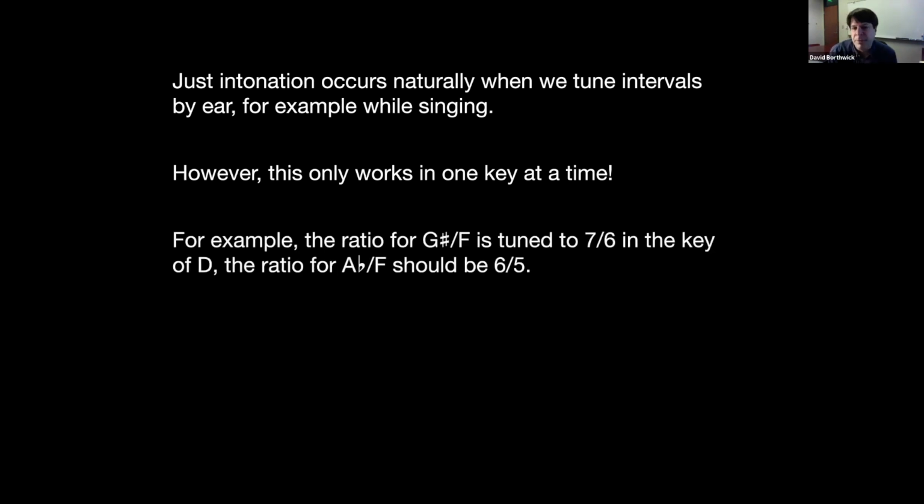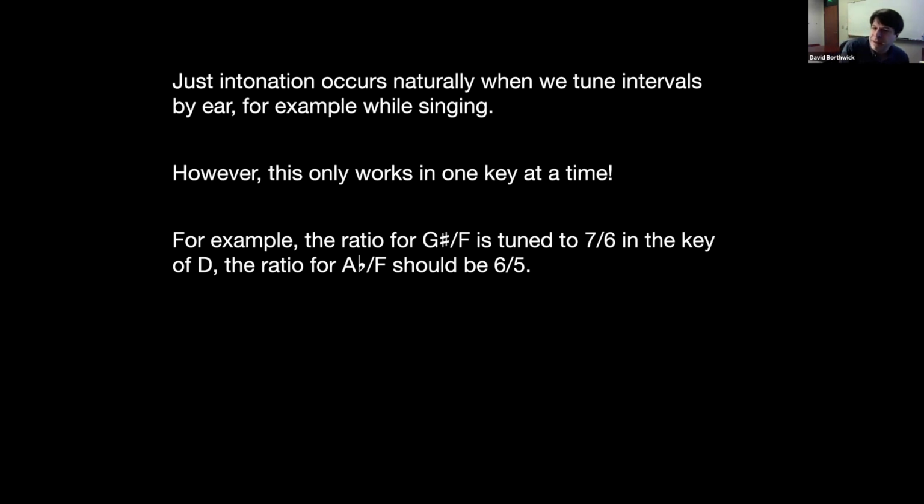So, for example, in the picture we just showed, the ratio for G sharp over F ends up being 7/6. So that's what it would be in the key of D, because those notes are tuned relative to D, not to each other, right? But if we did tune them to each other, say if we were in the key of F and we were tuning the upper note to the F, well, we probably call it an A flat in that key, and the ratio should be a minor third, which is 6/5.